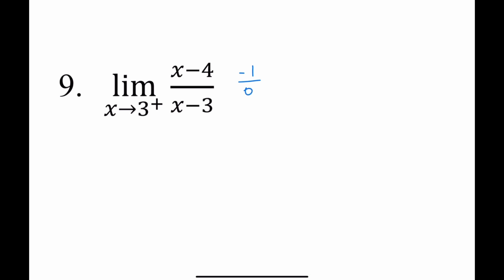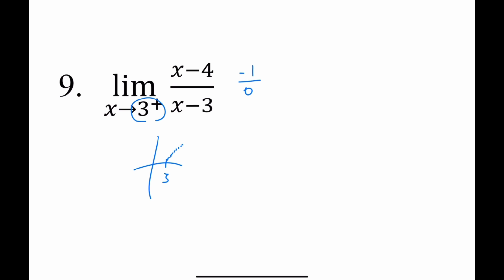Negative 1 all over 0. But then something that we need to keep in mind is that in this case, x is approaching from numbers greater than 3, right? So 3 is right here, and it's approaching from somewhere bigger than 3, right? Where the x value is somewhere bigger than 3.